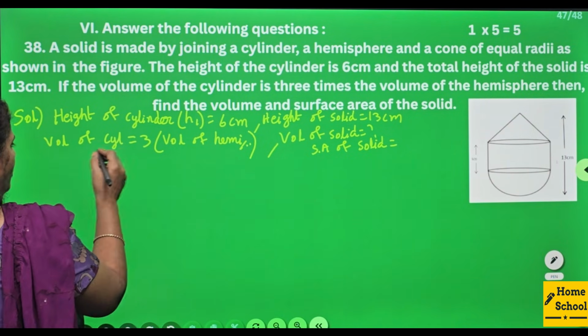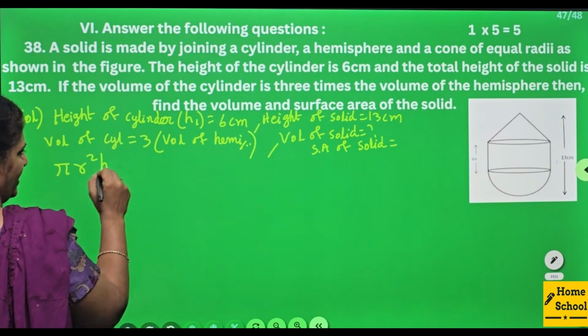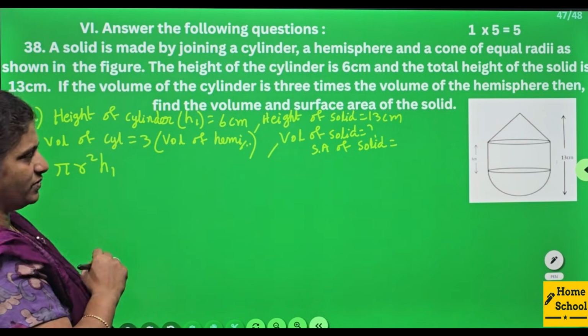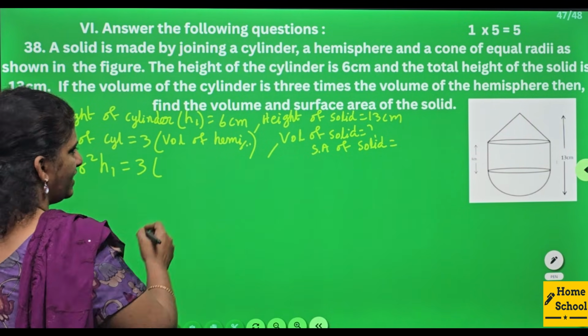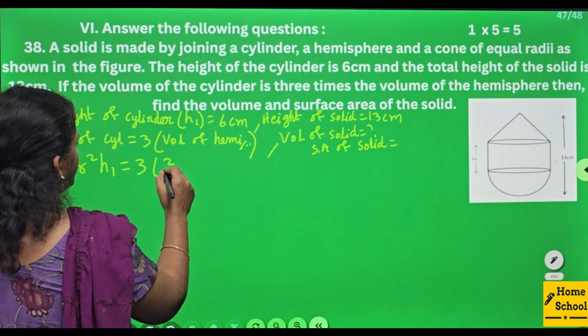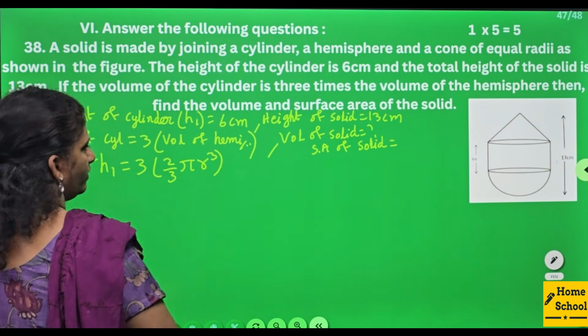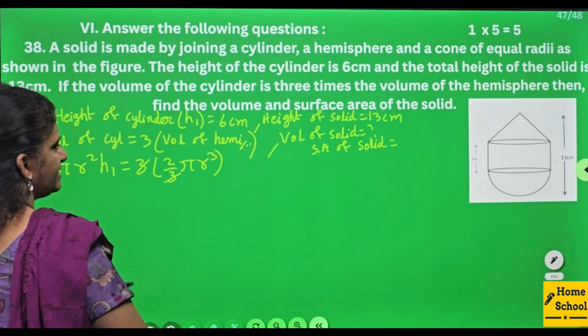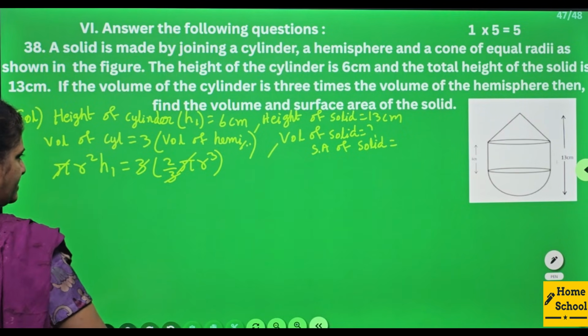Apply the formula. Volume of a cylinder is pi r square h1. Cylinder h1 I have taken. 3 into volume of a hemisphere formula. It is 2 by 3 pi r cube. 3 and this 3 will be cancelled. Pi will be cancelled.